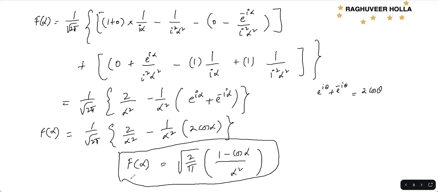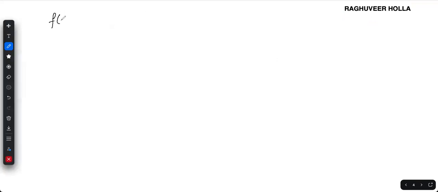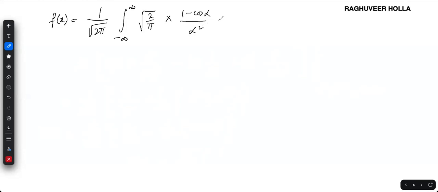Now using the inverse Fourier transform formula, f of x is equal to 1 by root 2 pi, minus infinity to infinity, F of alpha, which we already found, which is root 2 by pi into 1 minus cos alpha by alpha square, and it is e to the power of i alpha x d alpha.